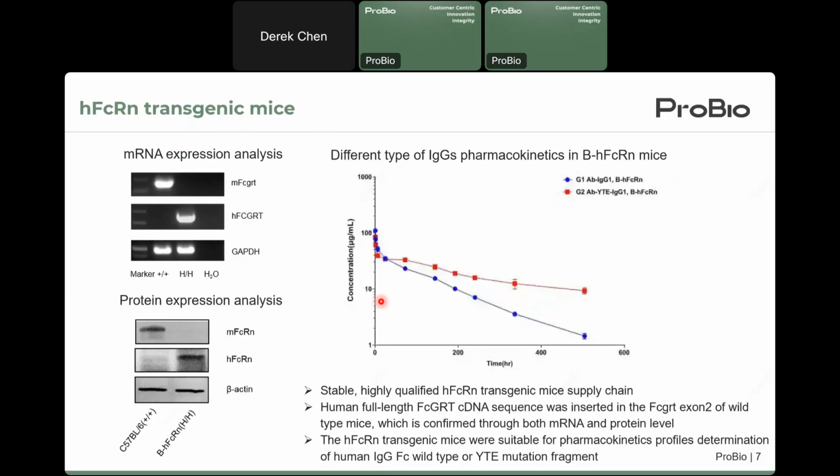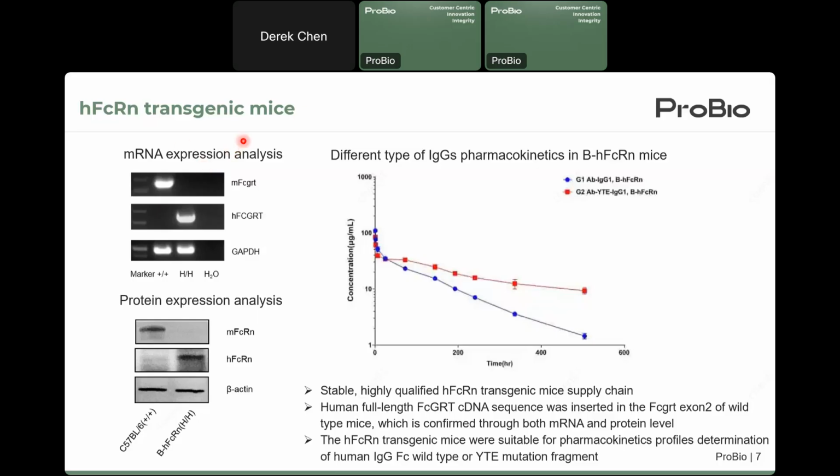Since the interaction between Fc and FcRn leads to the recycling of the drug, resulting in extended half-life, this weaker interaction between human Fc and mouse FcRn brings a pre-existing bias in PK profiling. So to solve this issue, human FcRn transgenic rodents were generated to better mimic the human immune system.